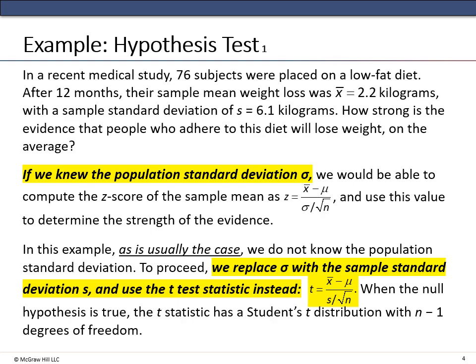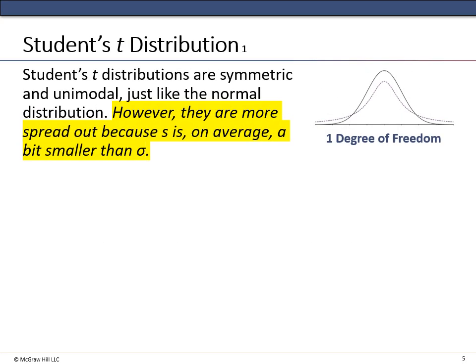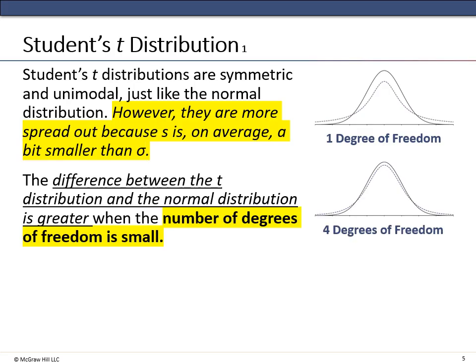When the null hypothesis is true, the t-statistic has a student's t-distribution with n minus 1 degrees of freedom. Remember that student's t-distributions are symmetric and unimodal, just like the normal distribution. However, they are more spread out, and we saw this before. And this is because the standard deviation is on average a bit smaller for a sample than it is for the population.